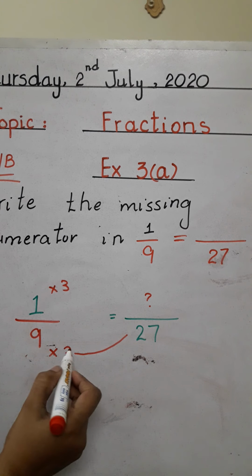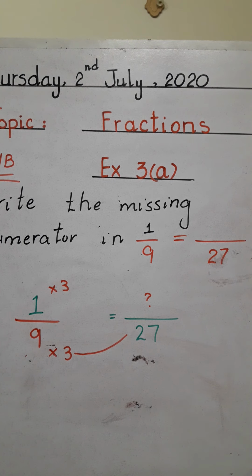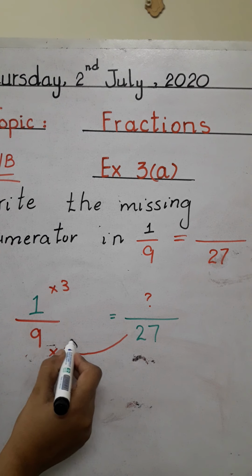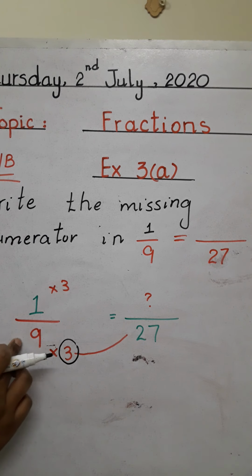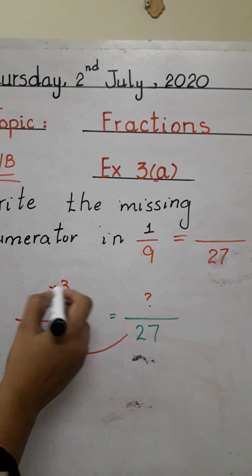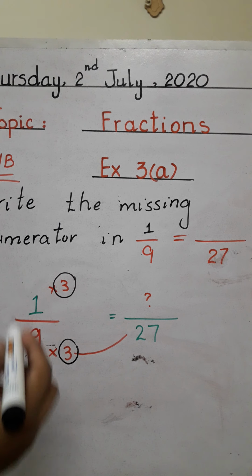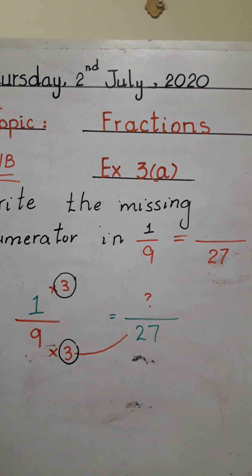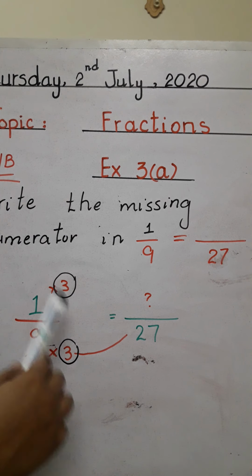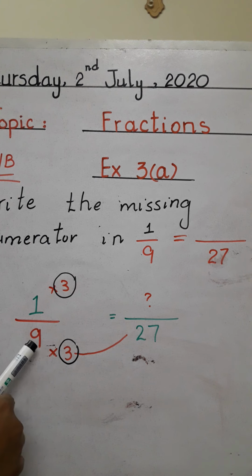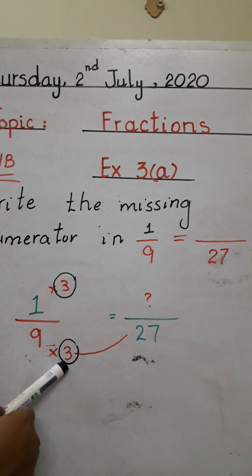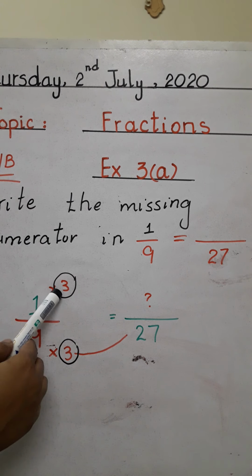So if we multiply by 3 in the denominator, we also write the 3 with the numerator. For example, this is the denominator and this is the numerator. In equivalent fractions, whichever number we choose for the denominator, we will choose the same number for the numerator.